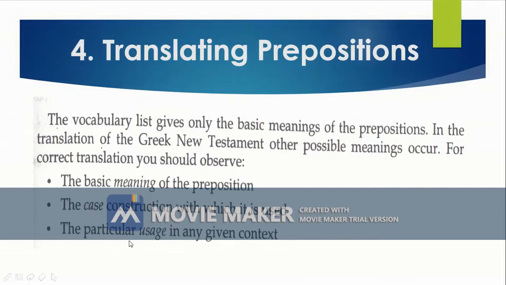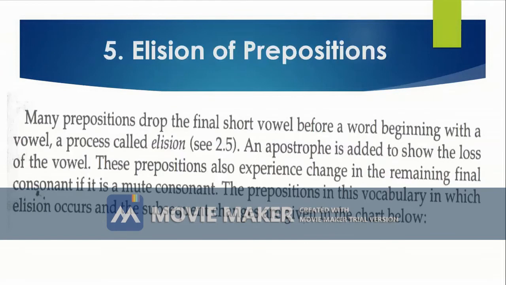And finally, the particular usage in any given context. Of course, when you see the case, you can see the meaning, but it still depends upon its usage. Okay, so that is how we translate prepositions. Again, the basic meaning of the preposition, the case construction with which it is used, and the particular usage in any given context. So let's proceed to the elision.